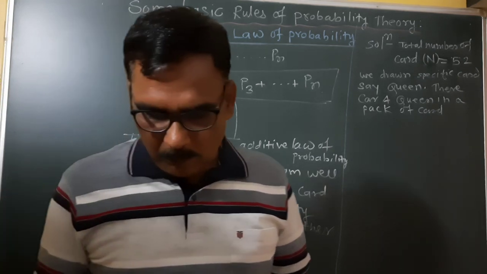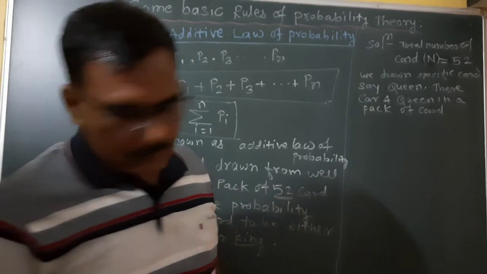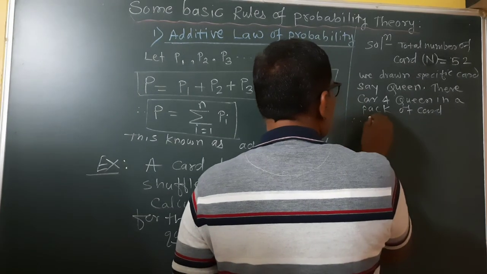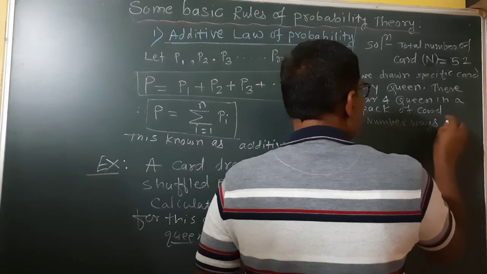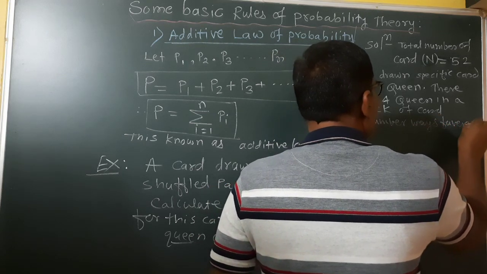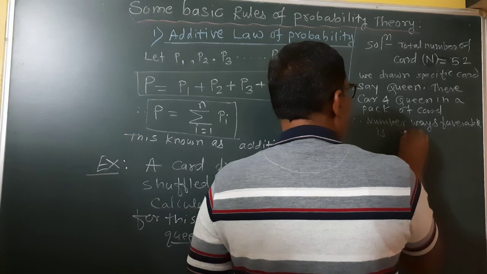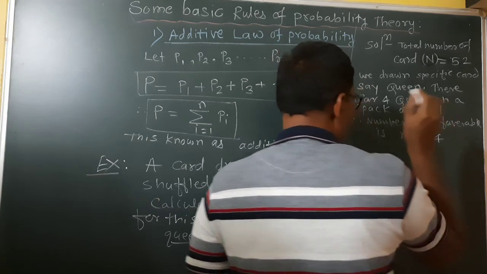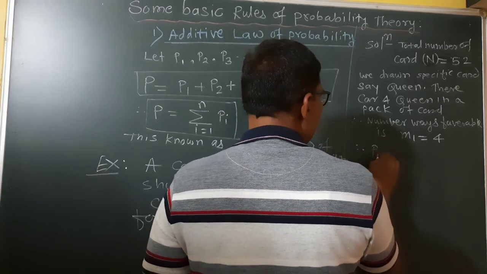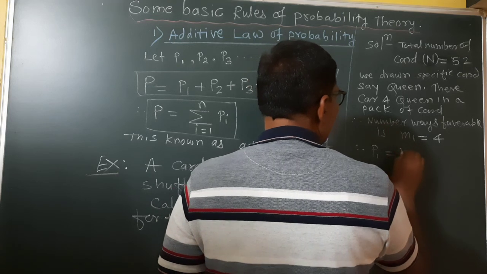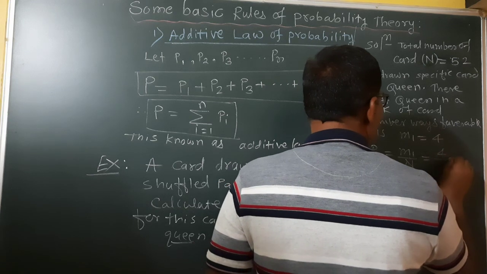Therefore, the number of ways favorable to the first card is M1 equals 4, and therefore probability P1 is equal to M1 upon N, that is equal to 4 upon 52.